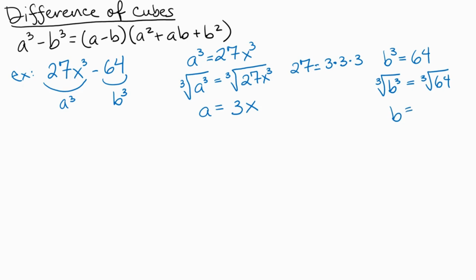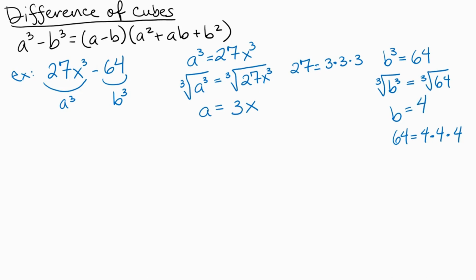For this case, the same situation applies. We need to find a number that multiplied by itself and multiplied by itself one more time will get us to 64. In this case, 64 is made up of 4 times 4 times 4. And so that means that b is going to be 4.